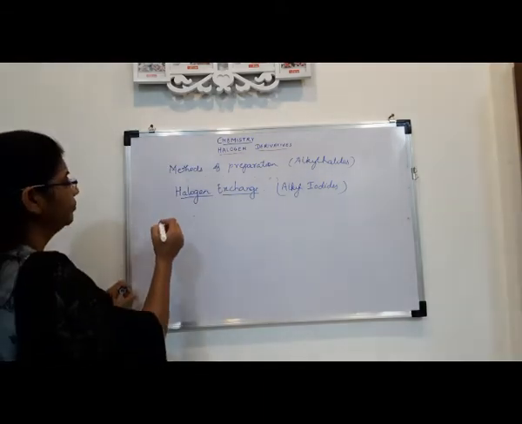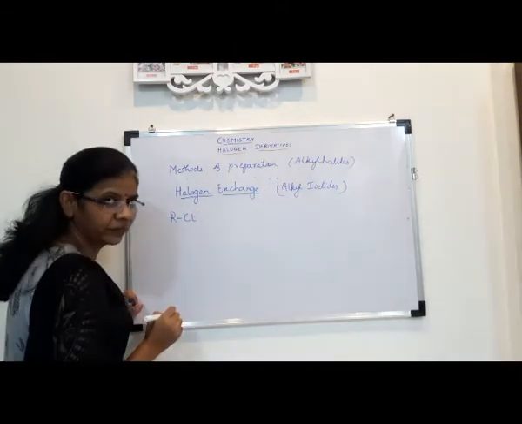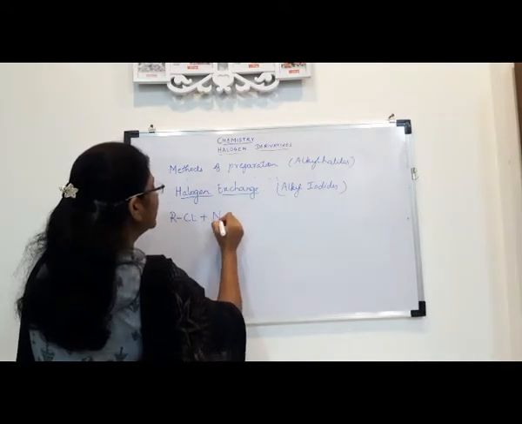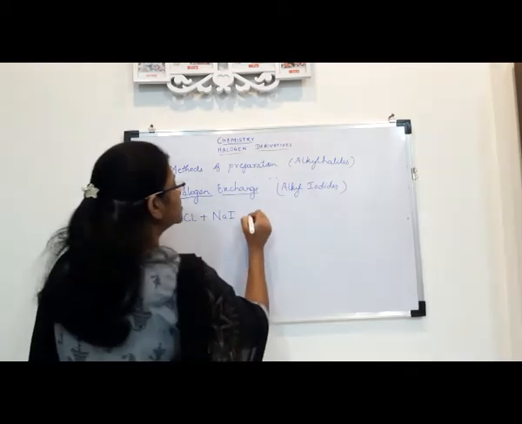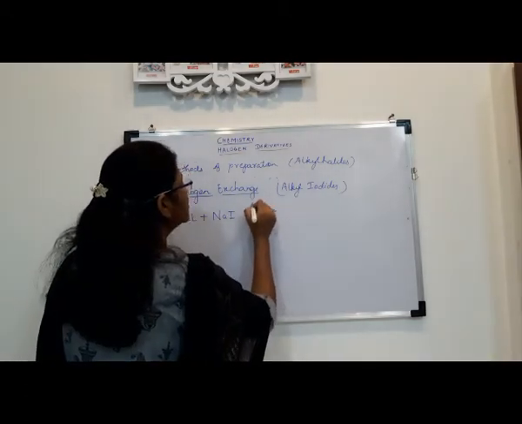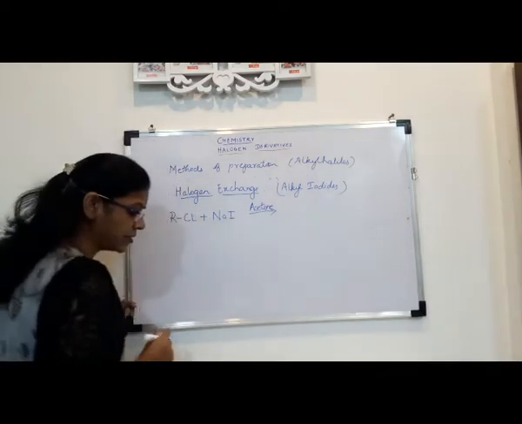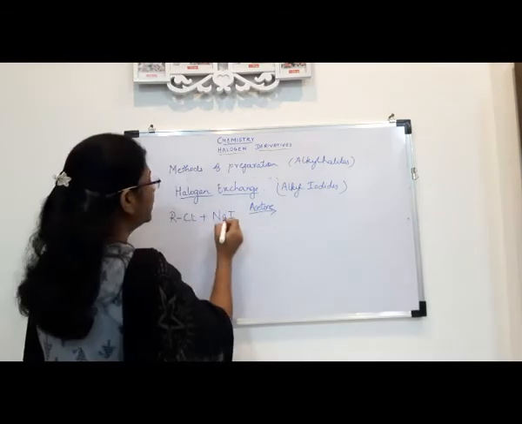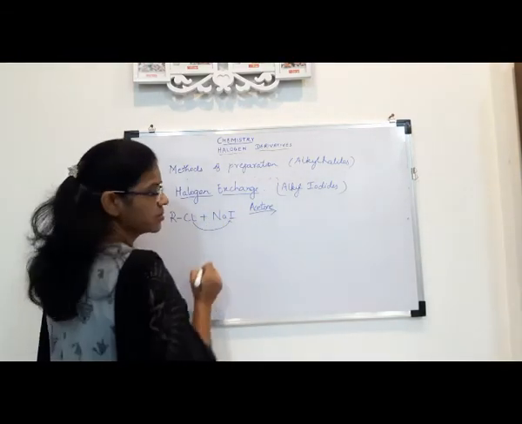Very simple. When you take an alkyl chloride, correct, and you treat it with sodium iodide, correct, in presence of acetone, what will be obtained now? Only there is exchange of places.